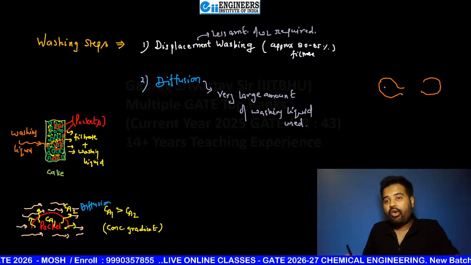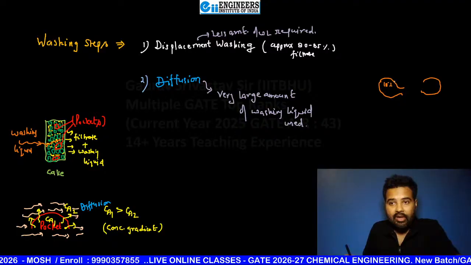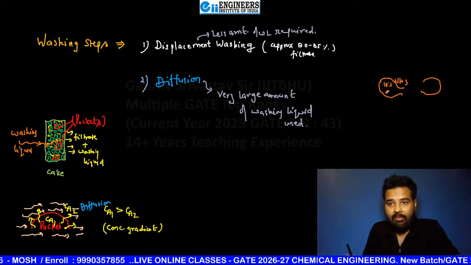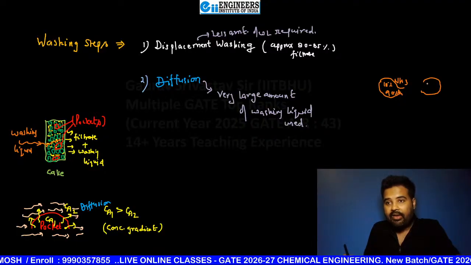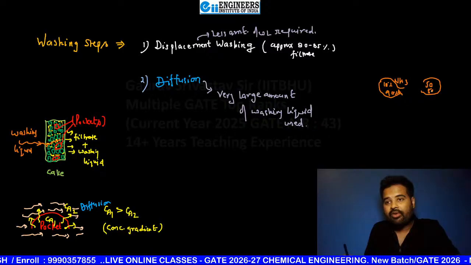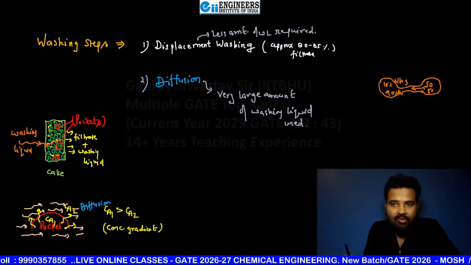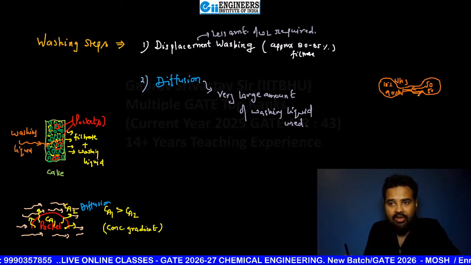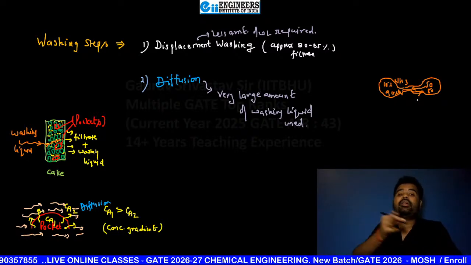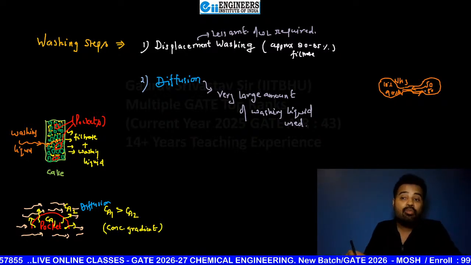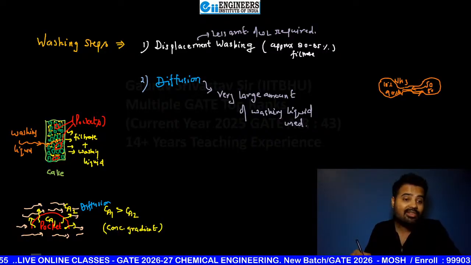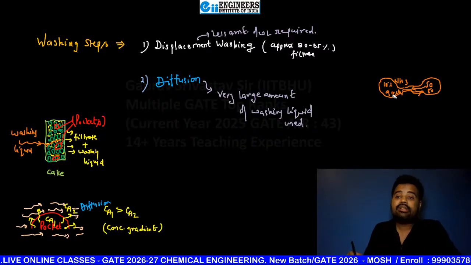Suppose 10% ammonia and 90% air is here, and here 50% ammonia, 50% air. If you join these two rooms, automatically ammonia starts traveling here and air starts traveling there. Why? In order to reduce or remove this concentration difference. This is known as diffusion.